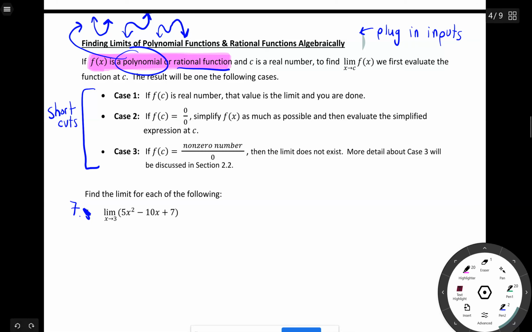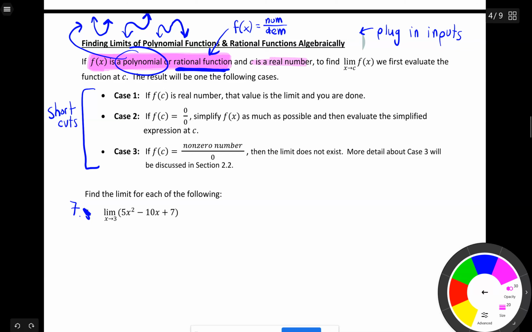But if it's a rational function, that's where you have a fraction, a polynomial in the numerator and a polynomial in the denominator. Then you could have some issues with the denominator being 0. Anytime there's some domain issue, you might have to do some more work. This is what the shortcut says.